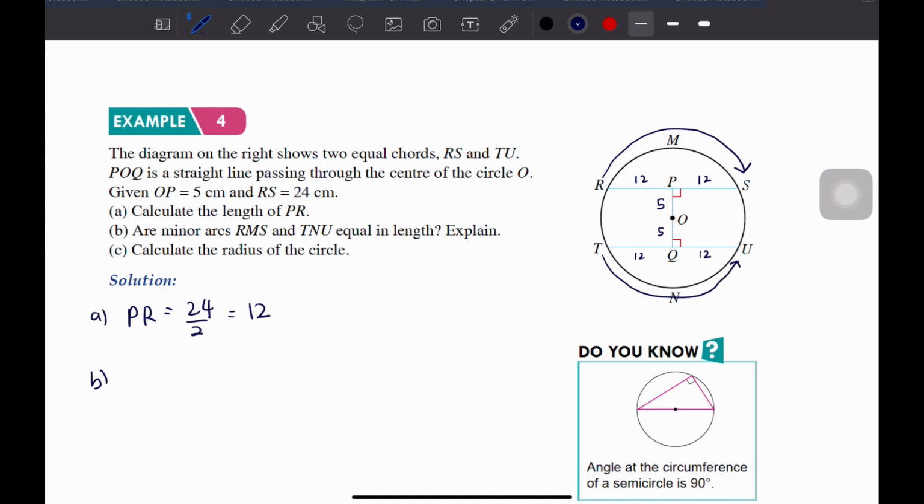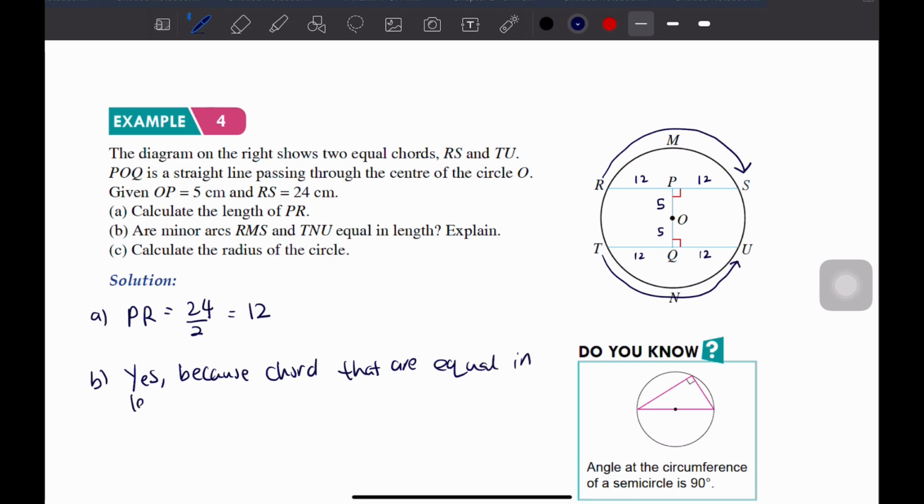We know that these two minor arcs should be the same, so we can say that yes, because chords that are equal in length produce arcs of the same length.